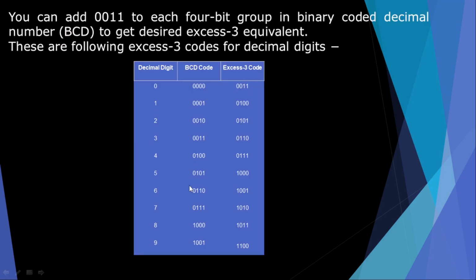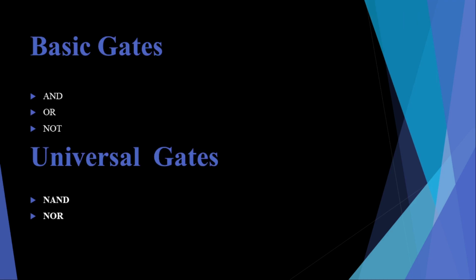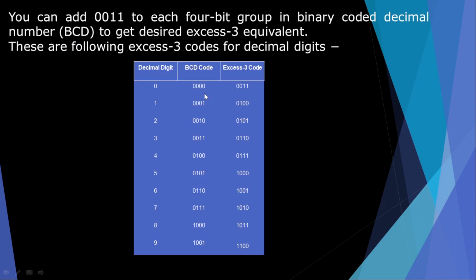This is the decimal number of 0 to 9, and this is the BCD code of every decimal number, and this BCD code is added with 0011. So for this 4-digit number, I will take 0000. So 0000, plus 0011.